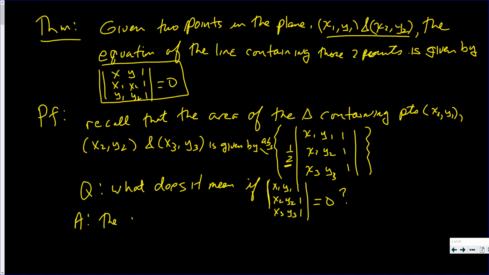Answer. The area of the triangle containing those 3 points is 0.